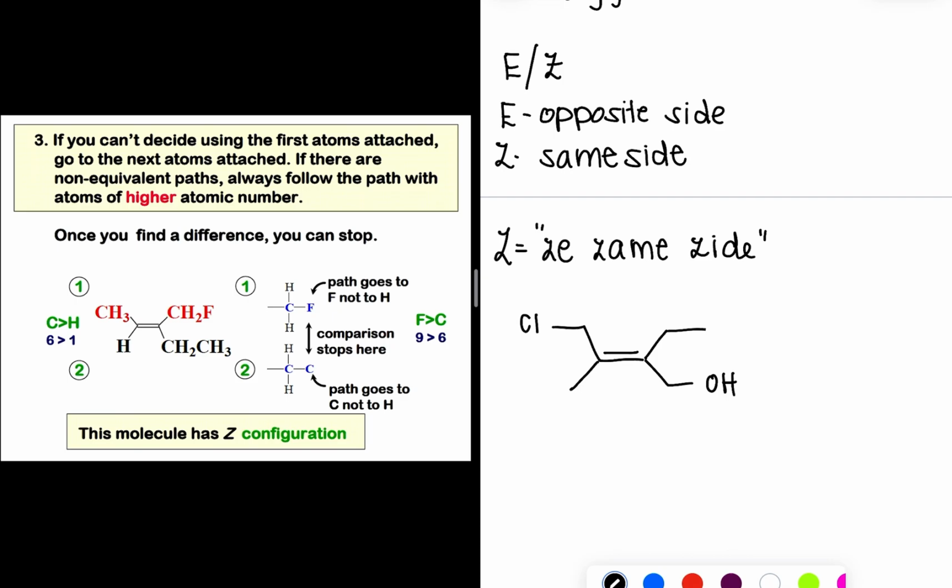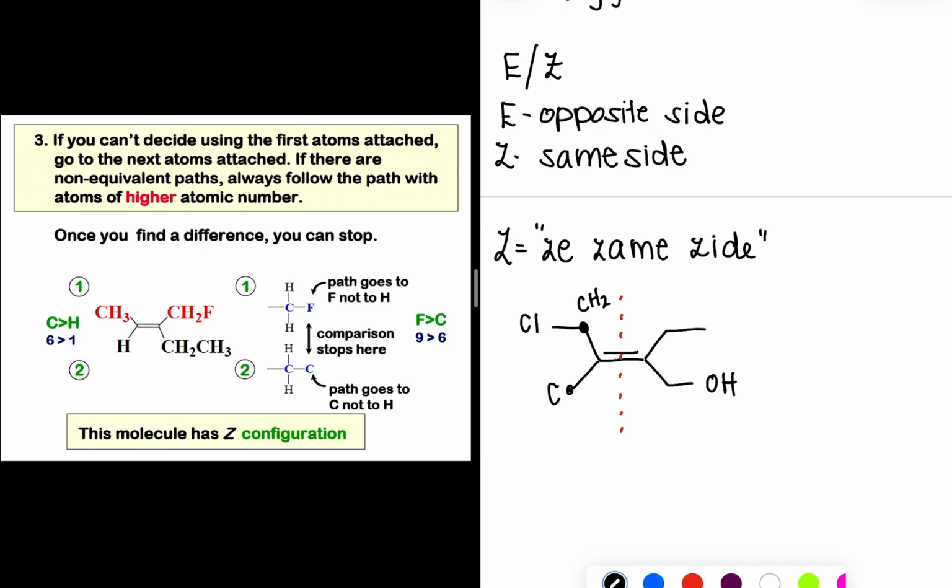If I look at the left side of the molecule, again, I kind of want to imagine splitting my double bond and trying to figure out what's going on here. Here I have a CH2. Here I have a CH3. So my carbon is the same. 2 of my hydrogens are the same. And then there's another hydrogen. On the left side, I have a CH2 and then I have a chlorine. That atomic number is bigger than the second hydrogen. So let me kind of like write this out real simple here.